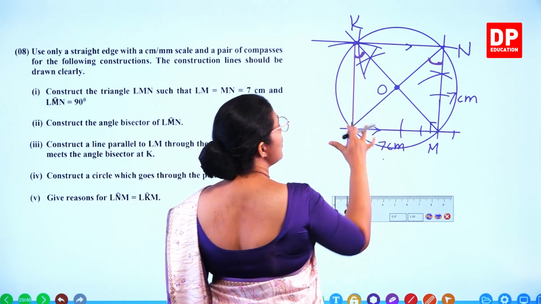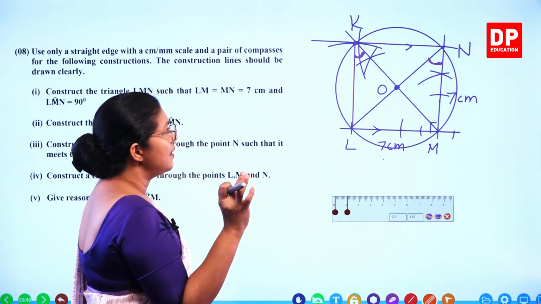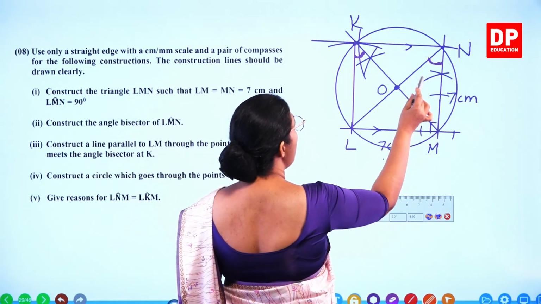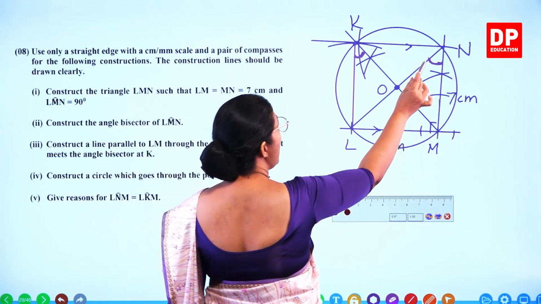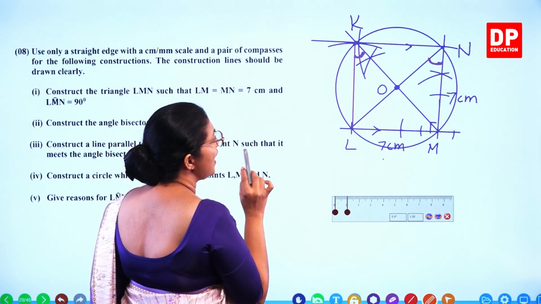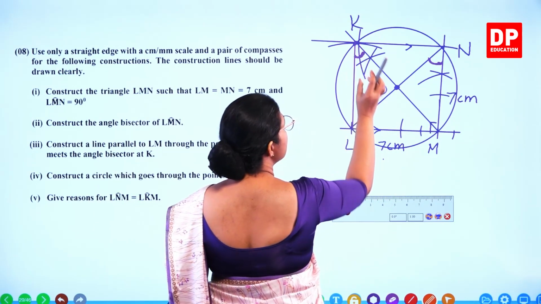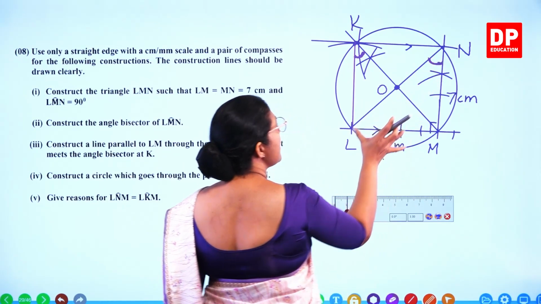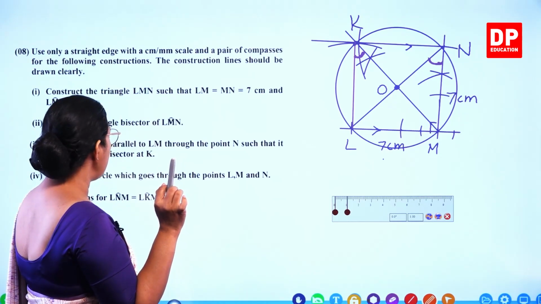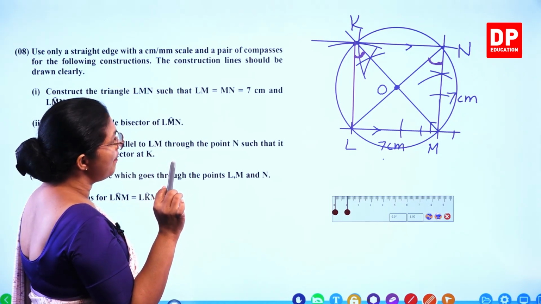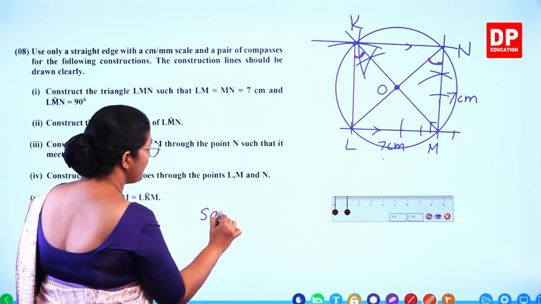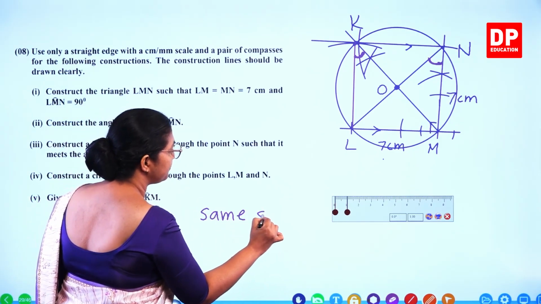Here when you take a look at the circle, it passes through all these points L, M, N, K, all 4 points. So we can see this angle and this angle are same segment angles. So give reasons for LNM equals LKM: same segment angles.